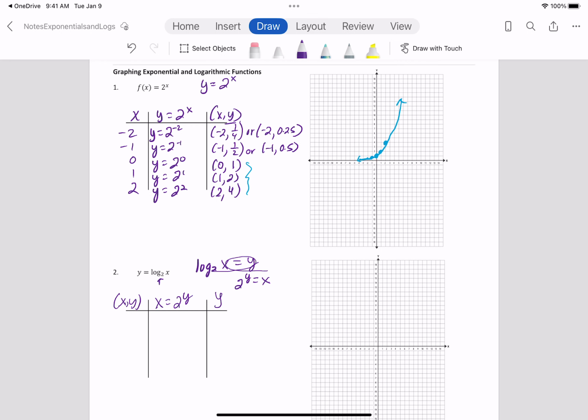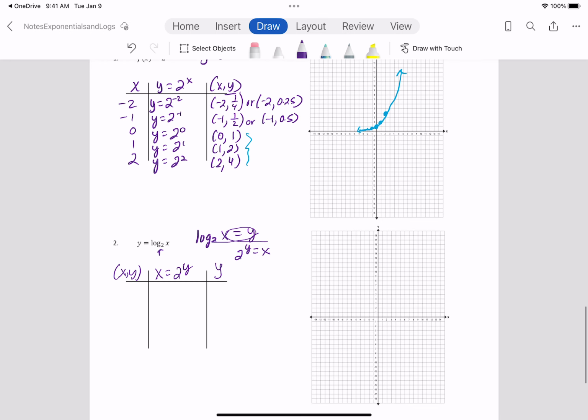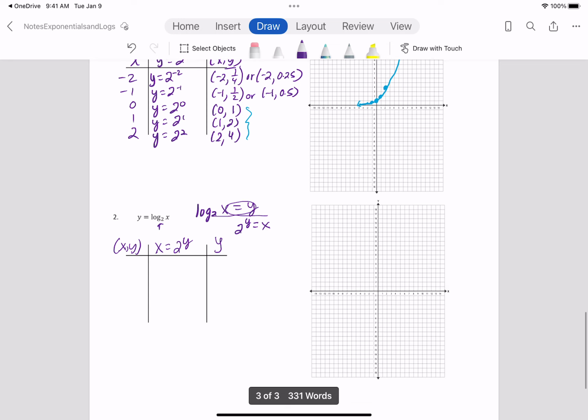That one was y equals 2 to the x. This one is x equals 2 to the y. So the same argument for which points to choose. I want to keep them on the graph, so I'm going to try to choose numbers that will keep it as small as possible.